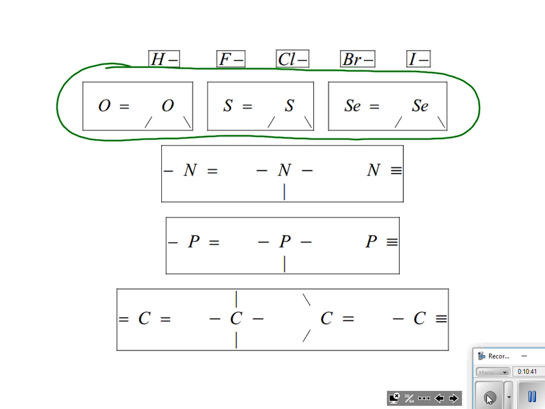So they could have a double bond, or they could have 2 single bonds. But either way, the total number equals 2, right? A double bond or 2 single bonds.